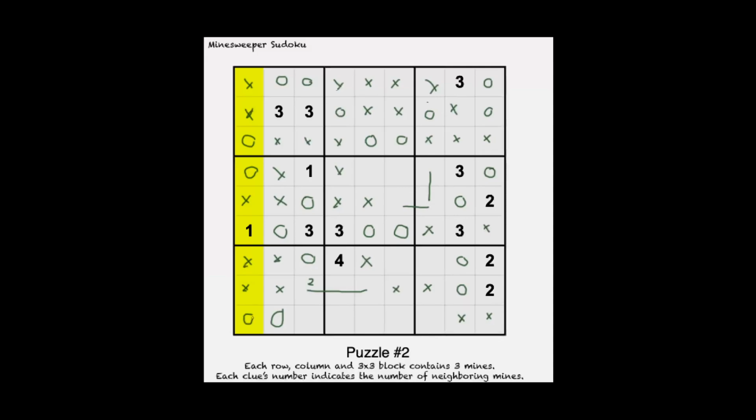I think things are going to go pretty rapidly at this point. That column is finished. Because this column is finished, there's no mine here, and the 2 mines that have to go in this run go here and here.